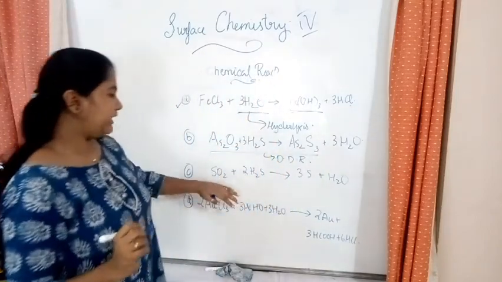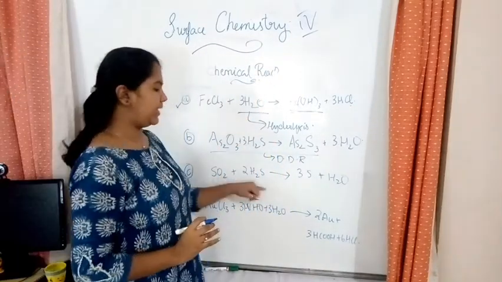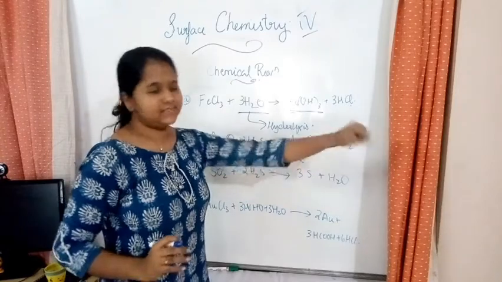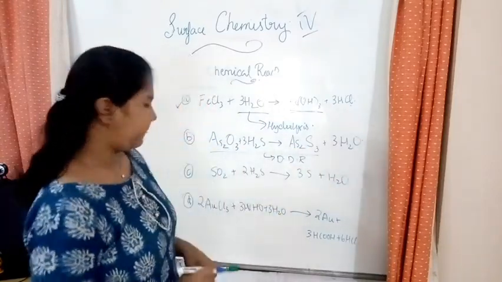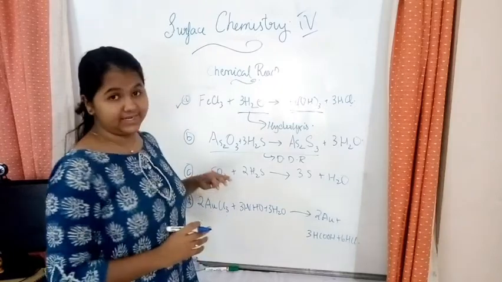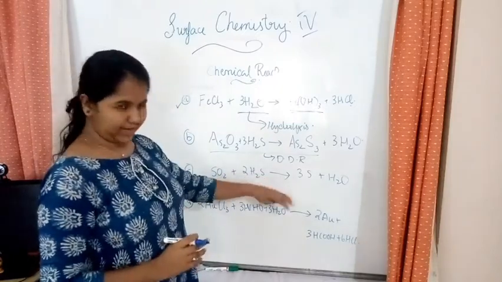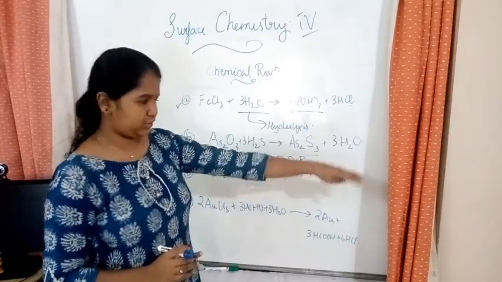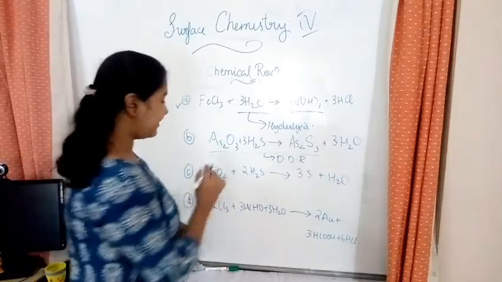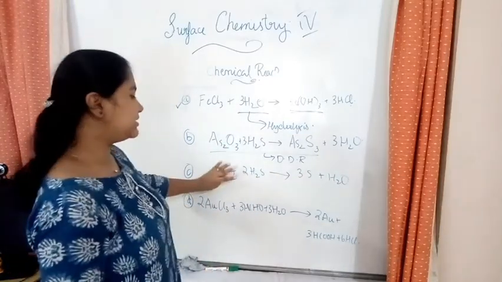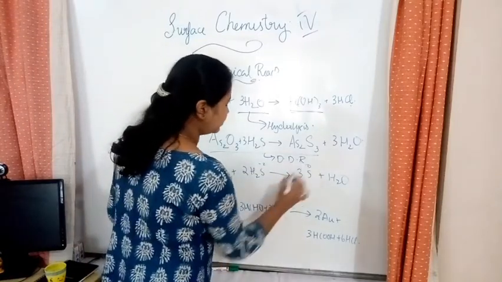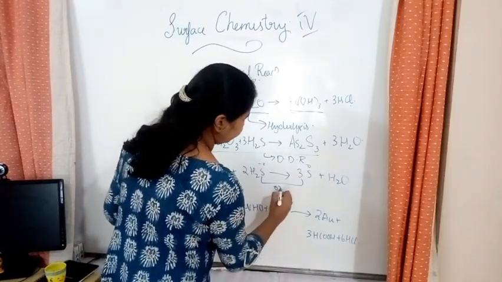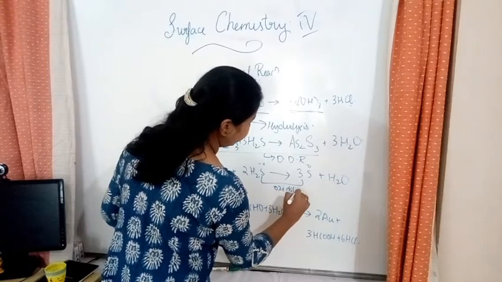Okay, and then the third one is SO2 plus 2H2S would give 3S plus 2H2O. So this is a reaction where oxidation takes place. We don't consider SO2, but we consider H2S. So this is -2 to 0. Oxidation. So this is an oxidation reaction.